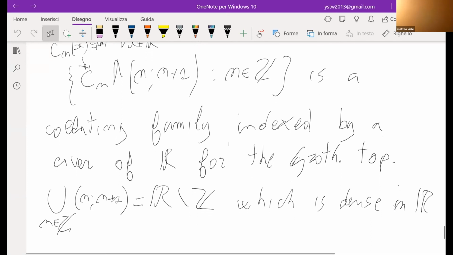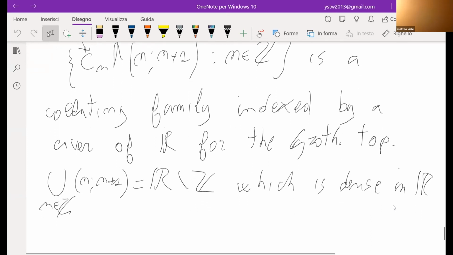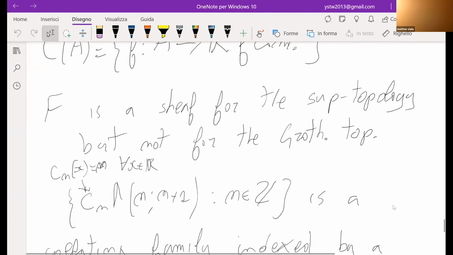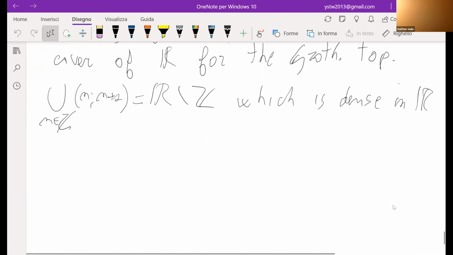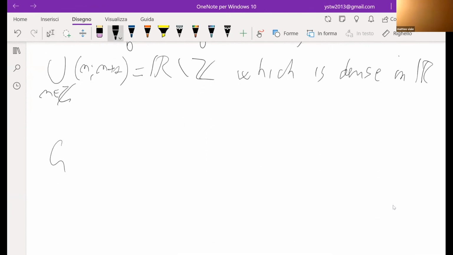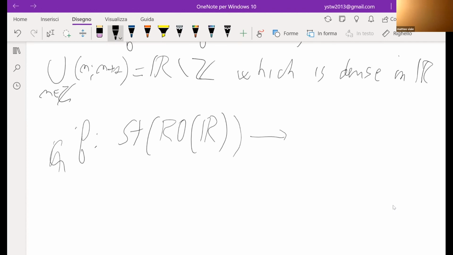But for the Grothendieck topology, there is. So what will this global section be? We can guess. The global section will go from Stone of rho R, the regular open sets of the Euclidean topology, into R union infinity.